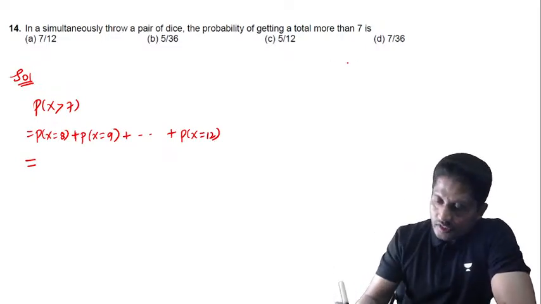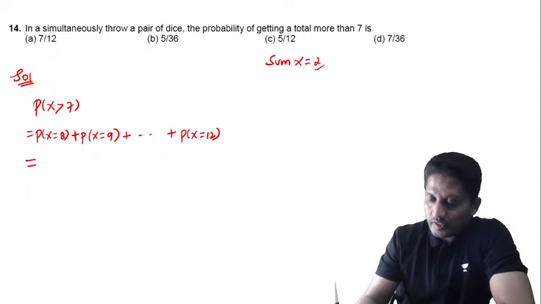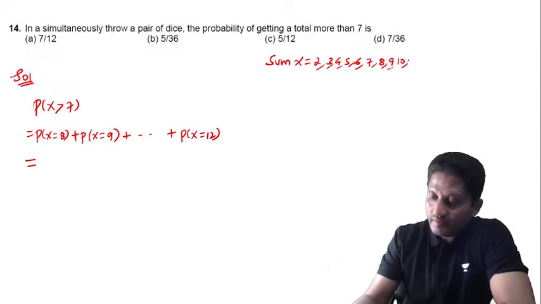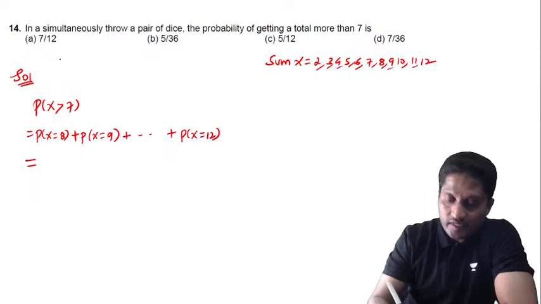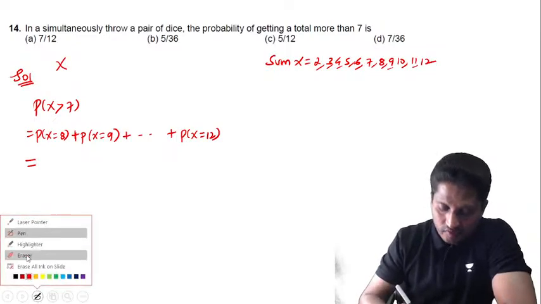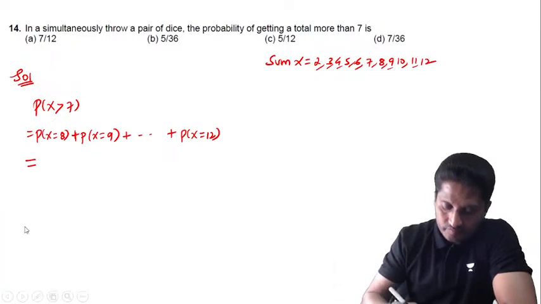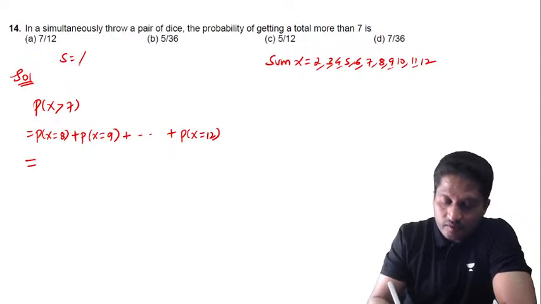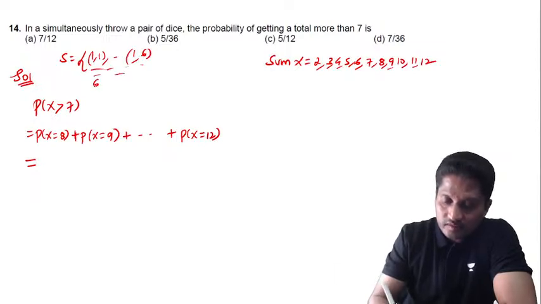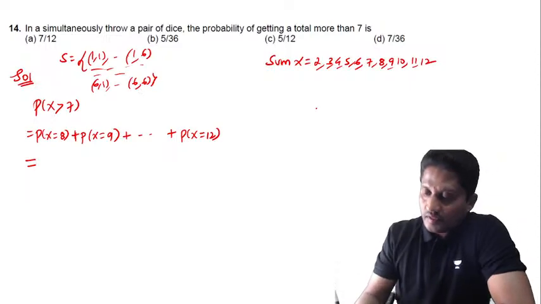Okay, so just now I taught you, right? Sum is equal to, minimum sum is 2, maximum is 12: 2, 3, 4, 5, 6, 7, 8, 9, 10, 11 and 12. Sample space when two dice are rolled is 1,1 to 1,6 and so on up to 6,1 to 6,6.